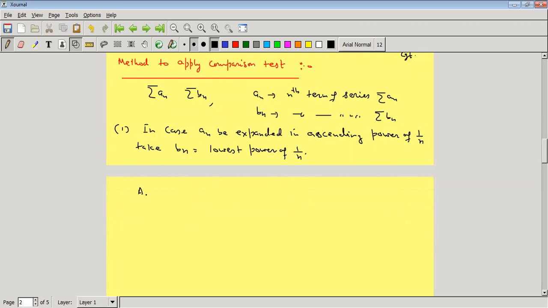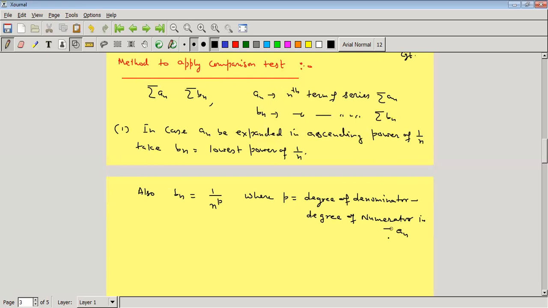Also, bn is equal to 1 upon n to power p, where p is the degree of the denominator minus the degree of the numerator in the nth term of the series.